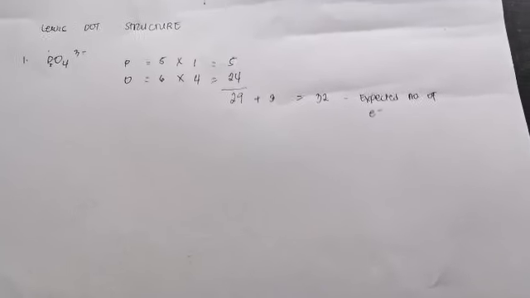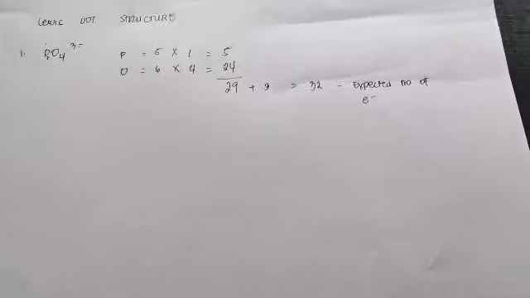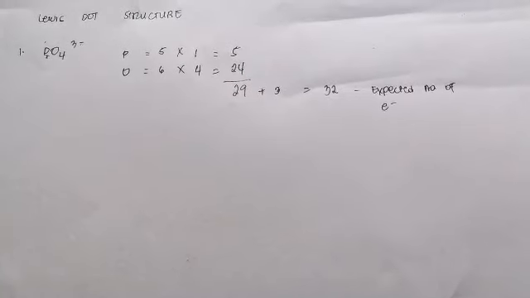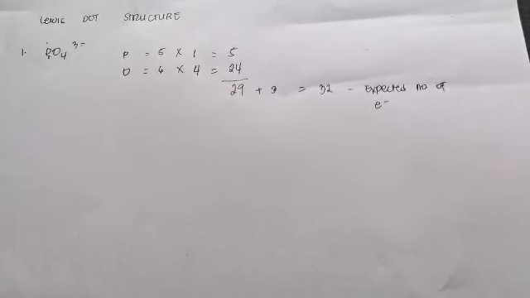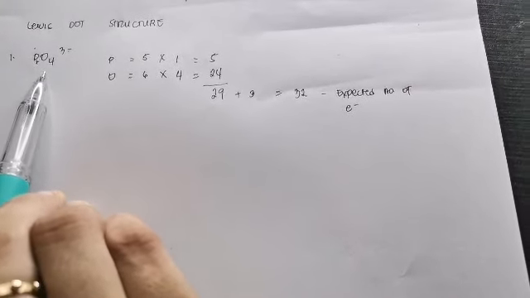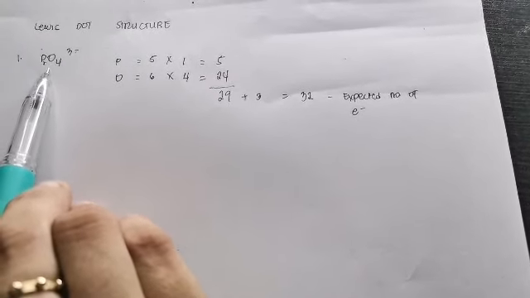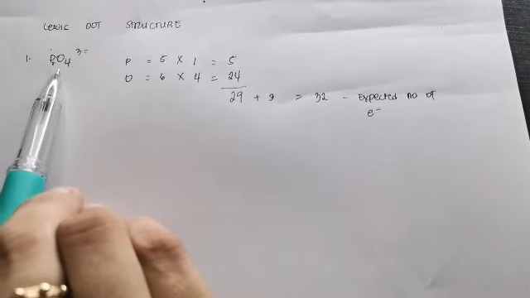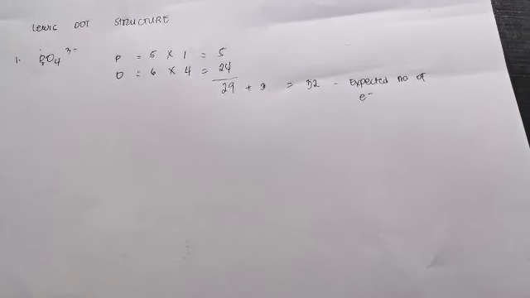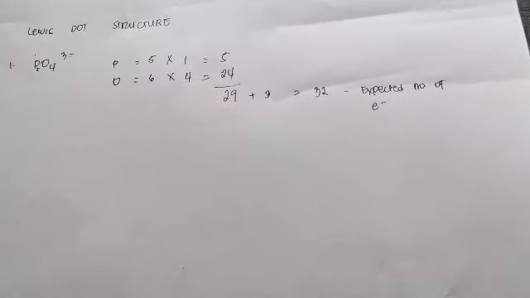Okay. And another way of knowing or identifying the central atom is by just looking at the given chemical compound. The smaller the subscript, that will be the central atom.